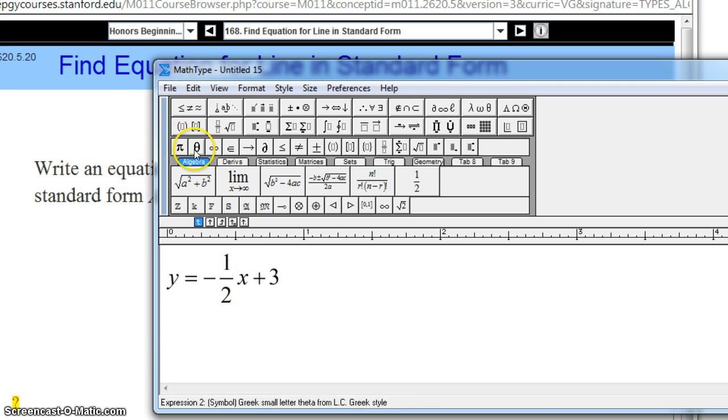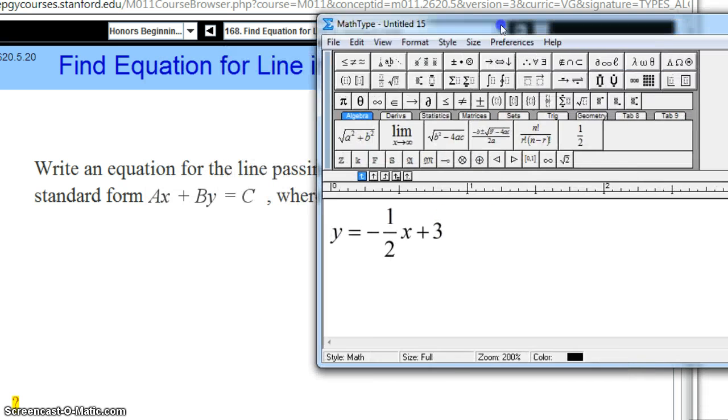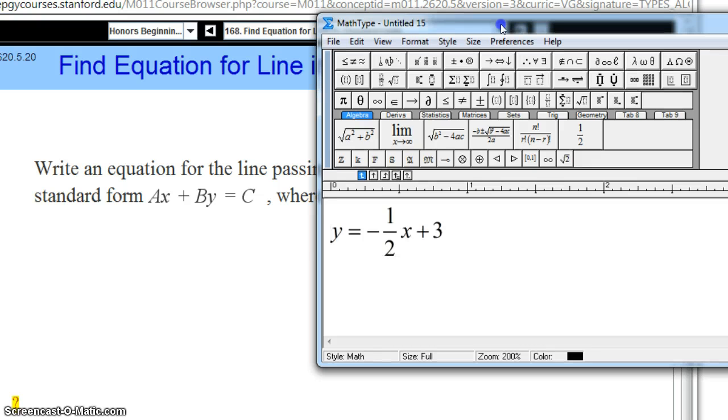Okay, and we want to get this in a form that looks like ax plus by equals c, where a, b, and c are integers. Okay, so what's the first thing we would do? Well, we want to rearrange this, so we want x and y on the same side.